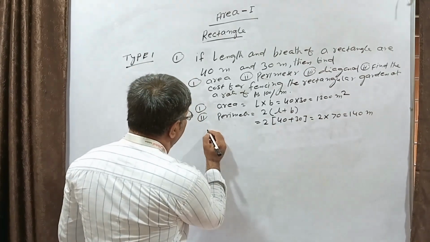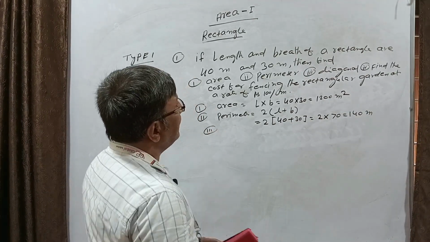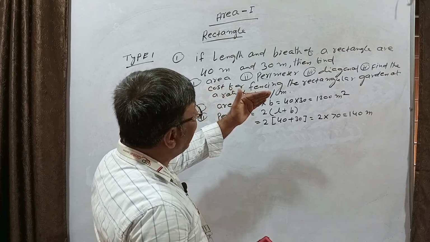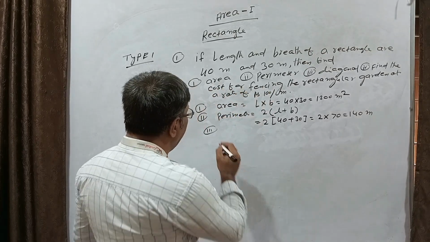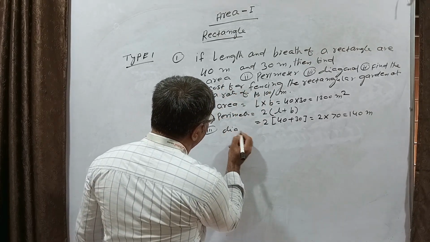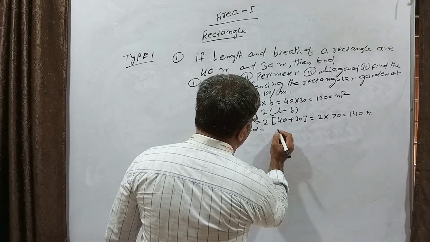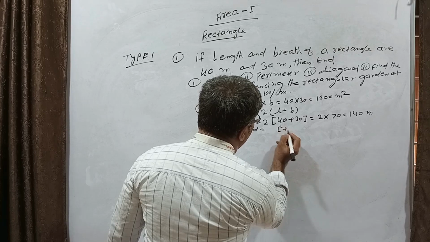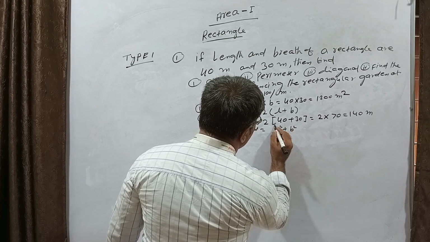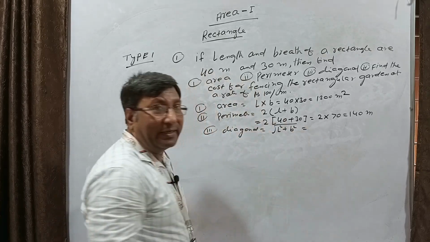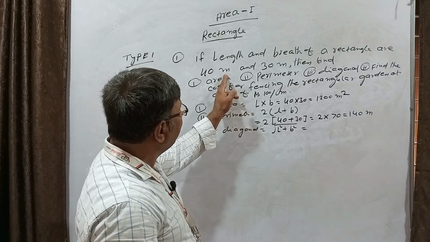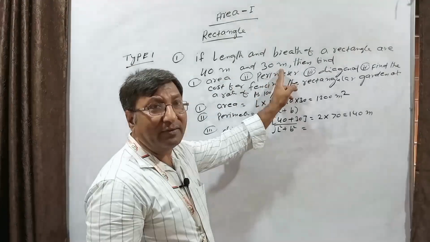Now this is the third part. Find the diagonal. You know the formula of the diagonal well. The diagonal of a rectangle is the square root of L square plus breadth square. Length given is 40 meter and breadth given is 30 meter.